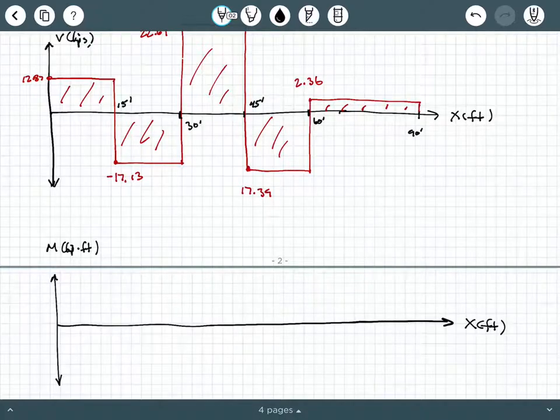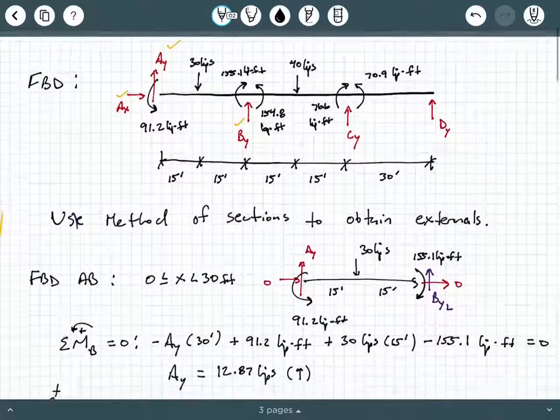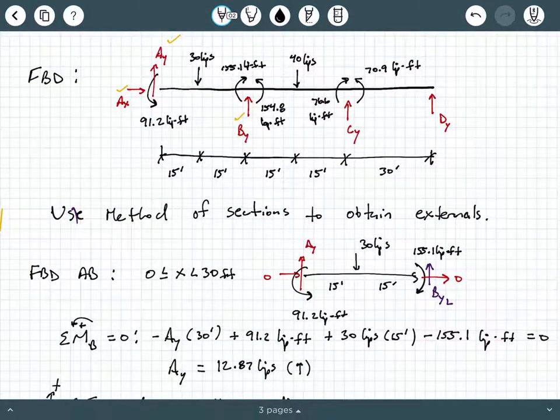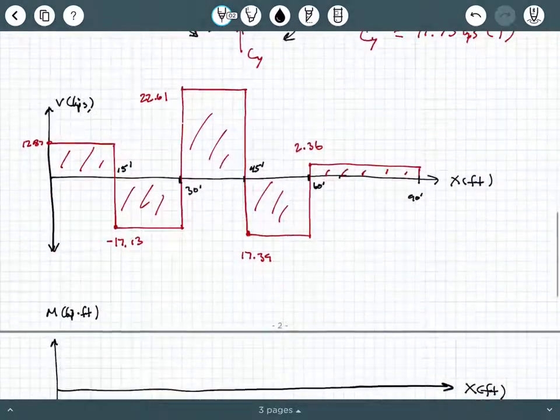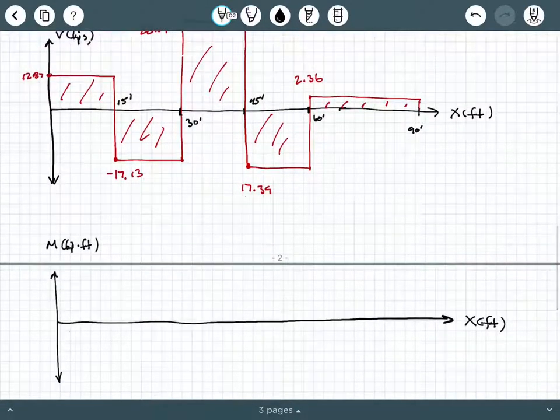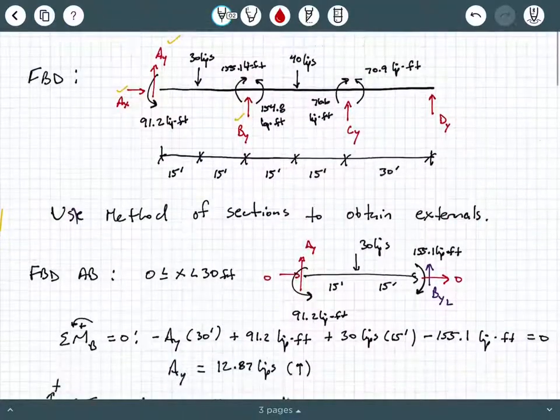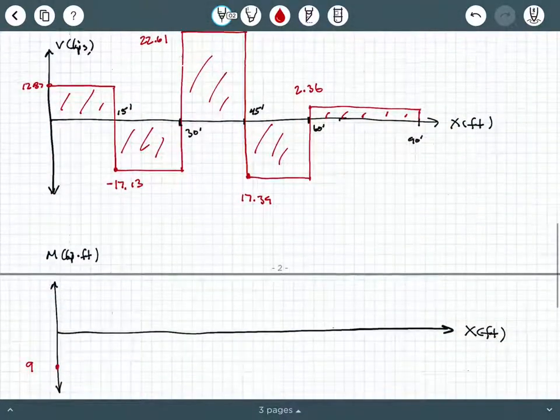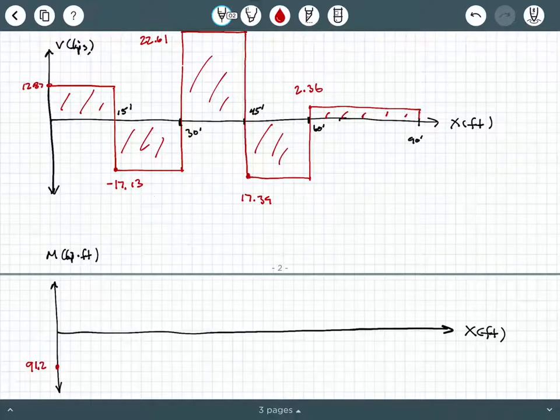Okay, so we have a moment at A, which was 91.2 kip feet going counterclockwise. So counterclockwise couple moment causes a jump downward in the moment diagram. So that was, what was it again? 91.2. Okay, 91.2 kip feet.